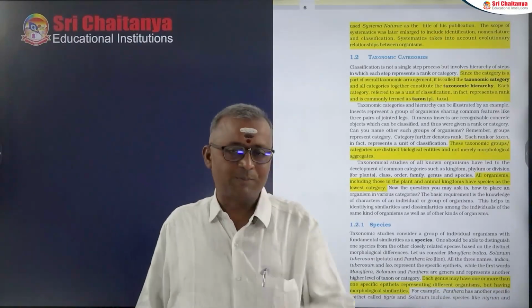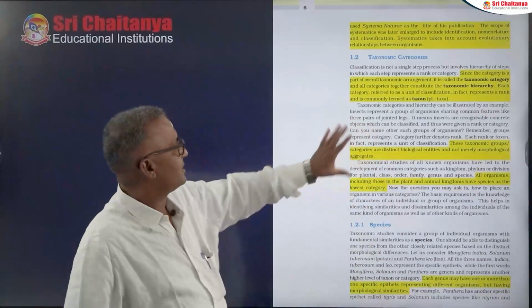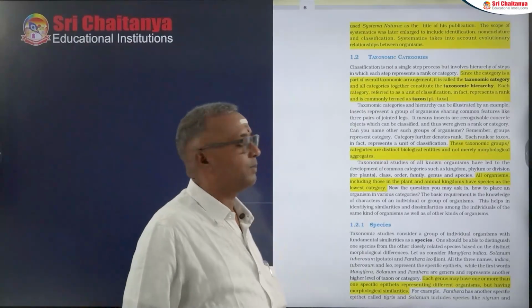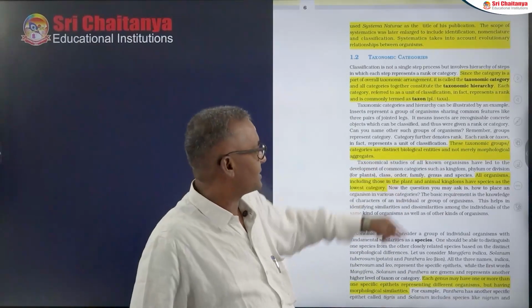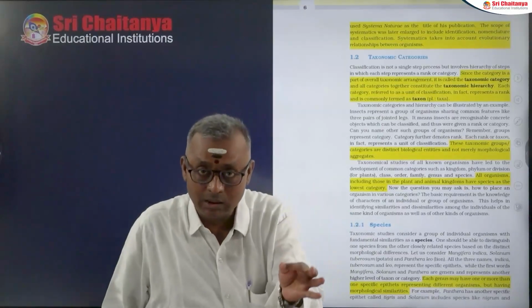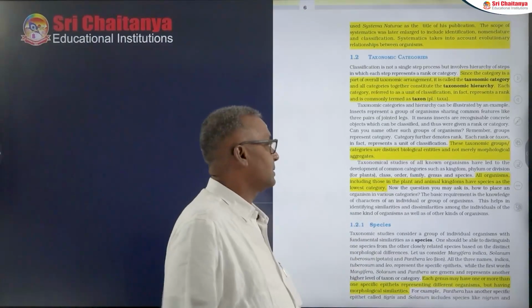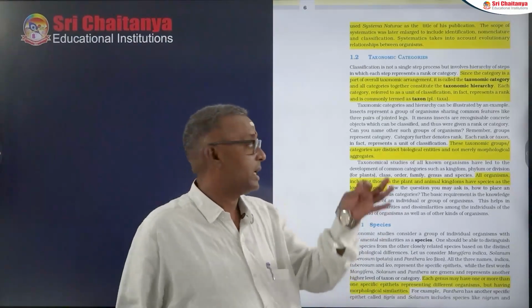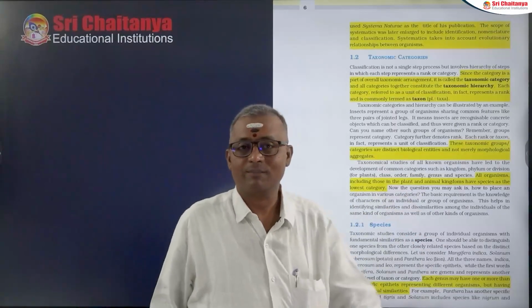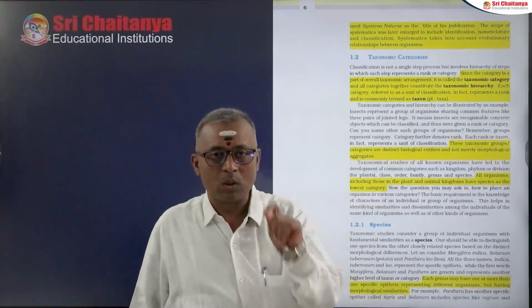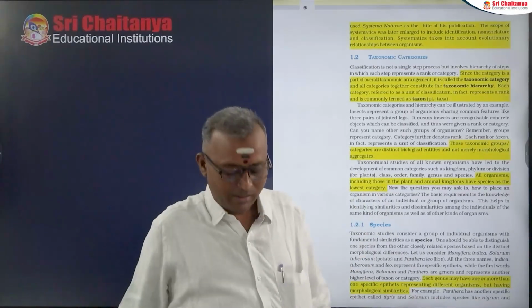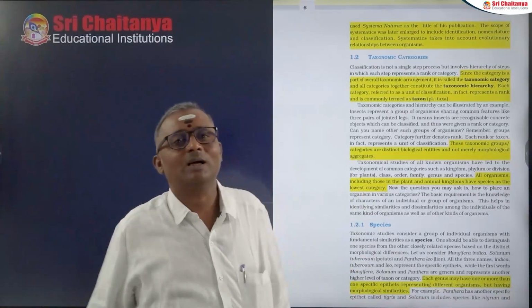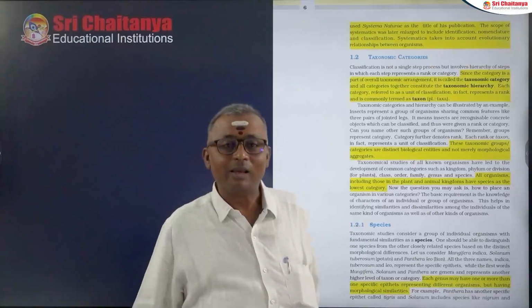Now, there is one specific NCERT line under these taxonomic categories. This is the most important thing. These taxonomic groups or categories are distinct biological entities and not merely morphological aggregates. Here merely means only. They are not only morphological aggregates. It is a distinct biological entity.